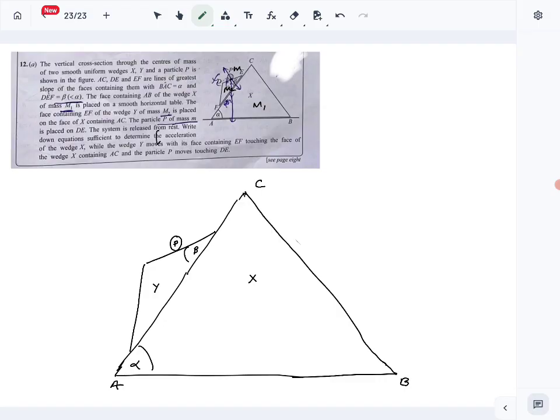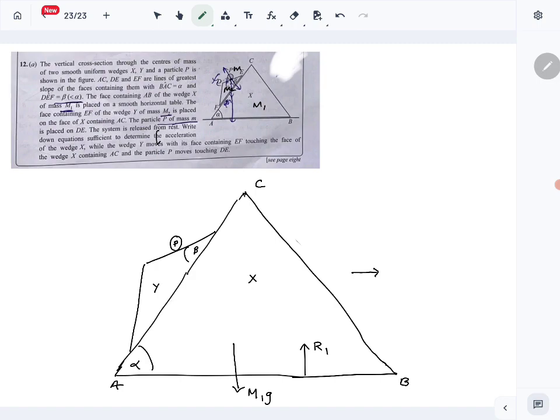Then we want to find sufficient equations to determine the acceleration of wedge X. It is clear now that wedge X is going to move in that direction. If you mark the forces, what are the forces acting on wedge X? Its weight m1 g, then this reaction R1, those are vertical.